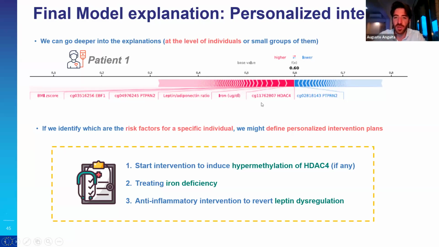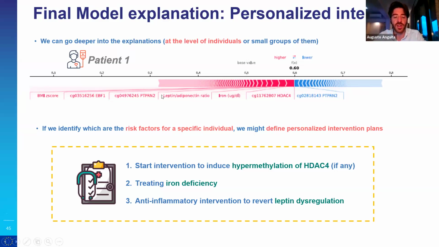We can see that the most dominant or important feature that the model is considering for taking the decision is the methylation of the HDAC4 gene, which is a very important gene in obesity and diabetes. We can also see that the model is using iron; the iron levels of this kid are pushing him to be in the insulin-resistant class.